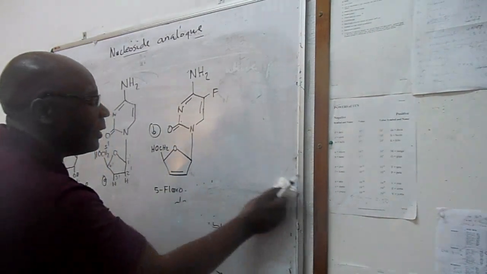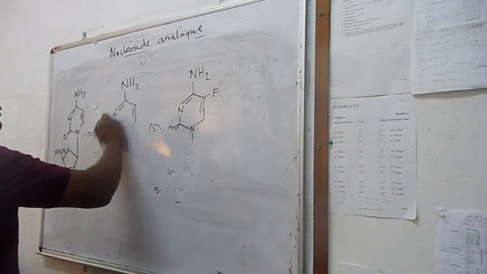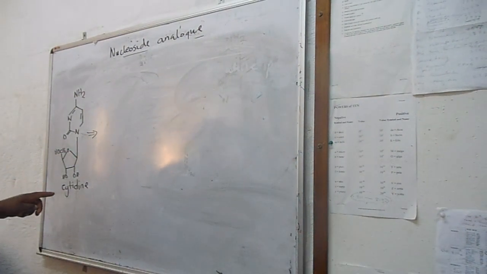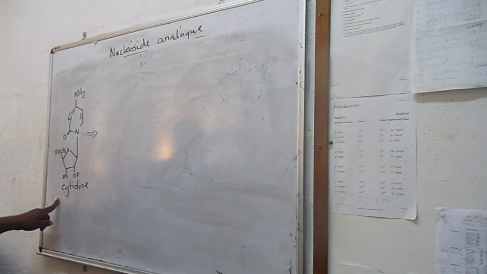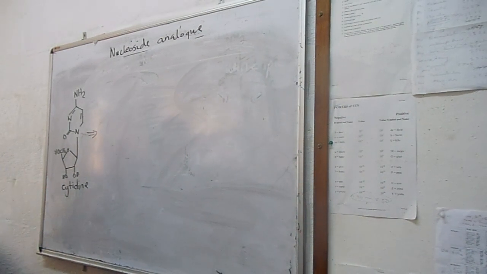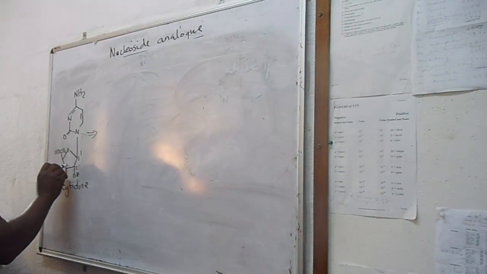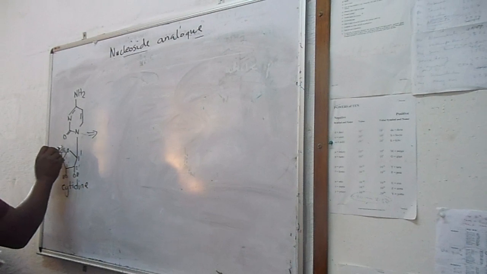Okay. Then the last 2 that we want to give, maybe last 2 is that the same cytidine, we might decide to remove the oxygen here. We remove the oxygen, replace it with carbon, and remove the oxygens here. Remove the oxygens at these 2 positions. This is it. 1', 2', 3', 4', 5'.